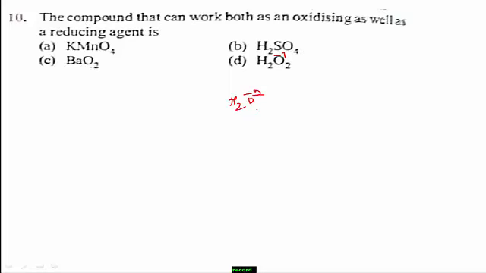Therefore, H2O2 can act as both an oxidizing as well as a reducing agent. Therefore, option D is the right answer. Remember, students, in H2O2 the oxidation number of oxygen is -1, which can be increased to 0 or decreased to -2. Hence, H2O2 can work as a reducing and oxidizing agent. Option D is the right answer.